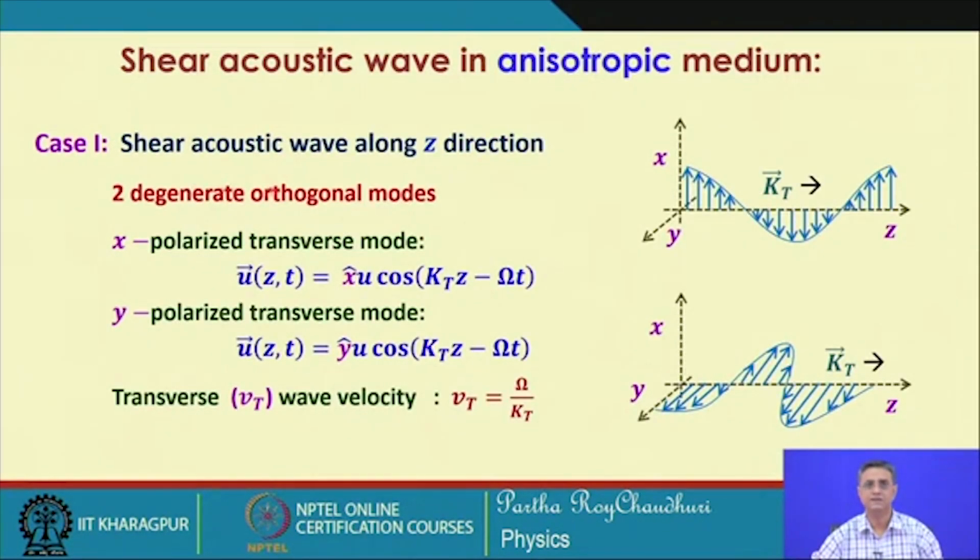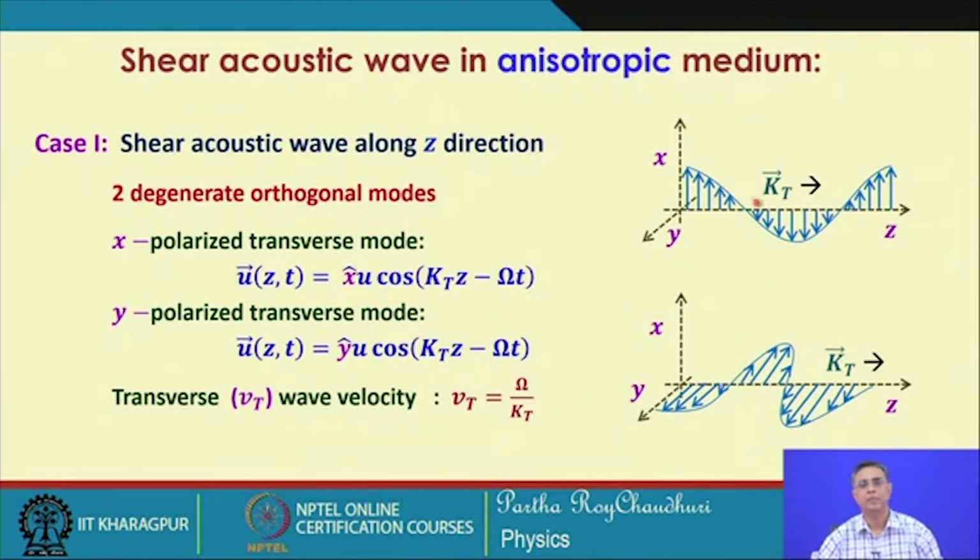So, we first consider a shear acoustic wave in an anisotropic medium, where the wave is propagating along the z direction and the wave is polarized along the y axis, but it could as well be that the wave is propagating along the z direction and polarized along the x direction.